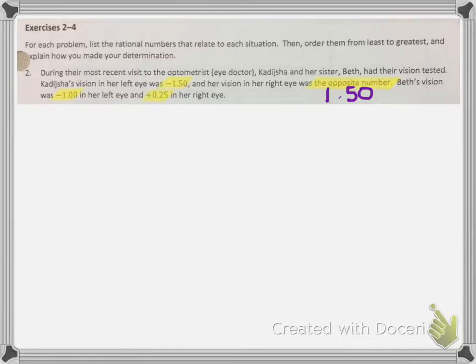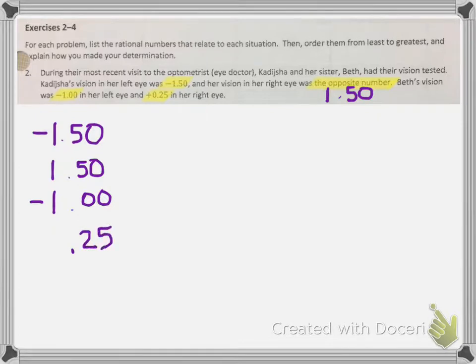So here's our list. I've got a negative 1.50, a positive 1.50, a negative 1.00, and a positive 0.25. Now I need to list all of these in order from least to greatest. I need the smallest number possible out of this list, and the smallest number possible is the one that's the biggest negative.